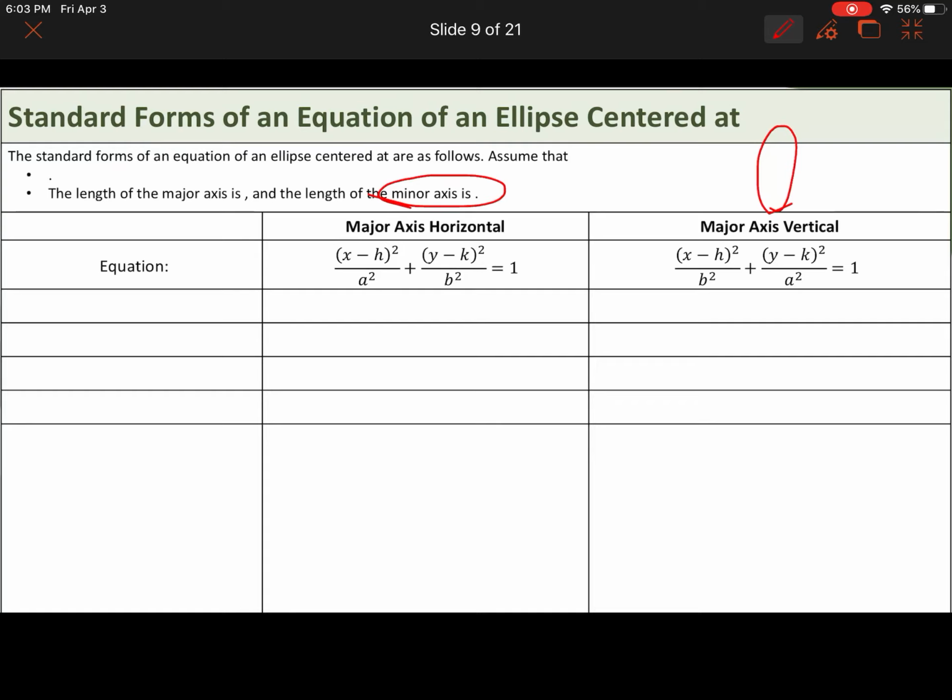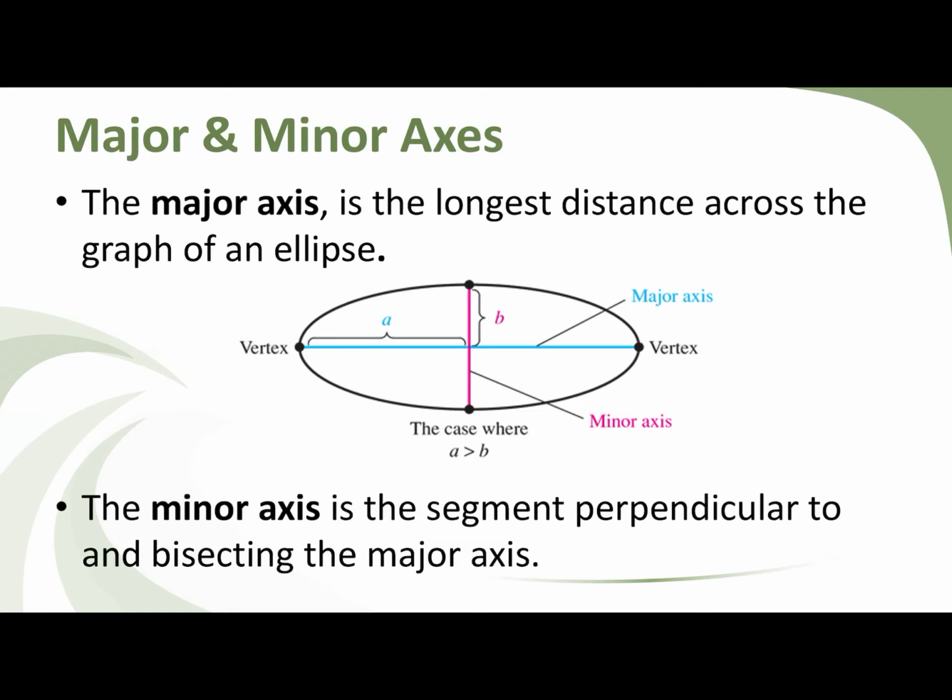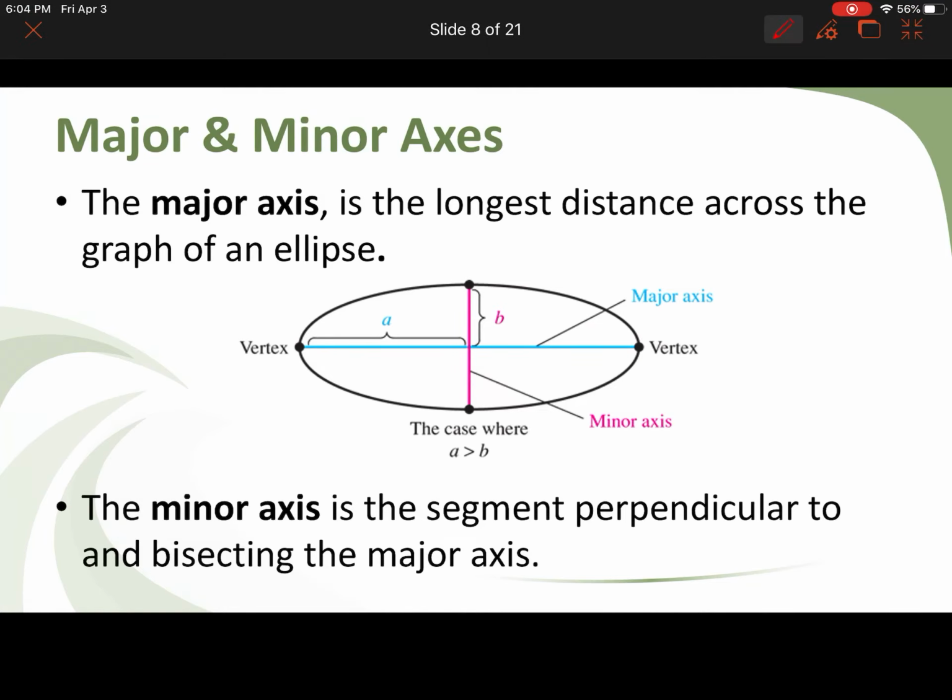So hopefully you saw that the a squared and the b squared were flipped. Well, a is the distance from the center to a vertex. And let's look at where that was. This is a, the distance from the center to a vertex, right?